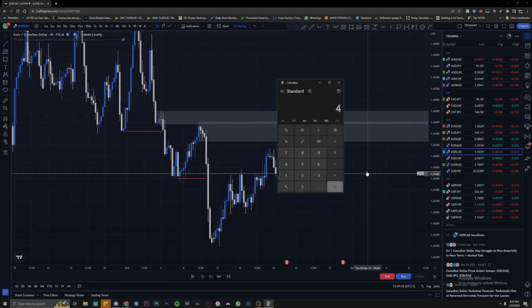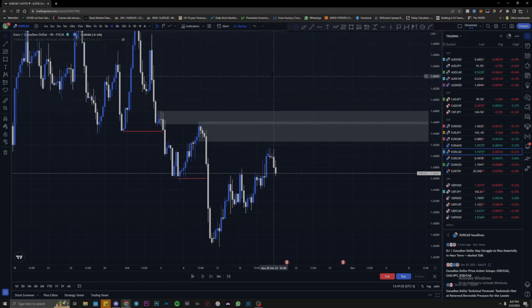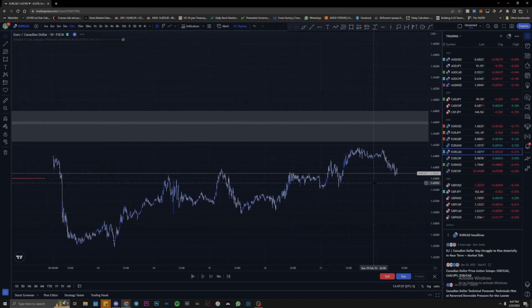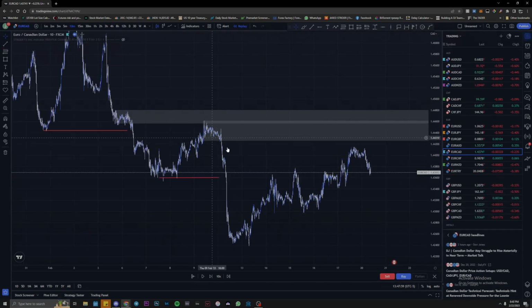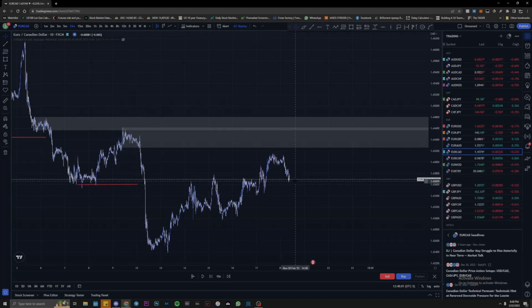We convert it into minutes, so we times it by 60, and then we divide that by 30. So that means on the 8-minute chart, we round up, remember? So 8 minute would be 10 minutes. On the 10-minute chart now, we're going to watch price come into this zone.